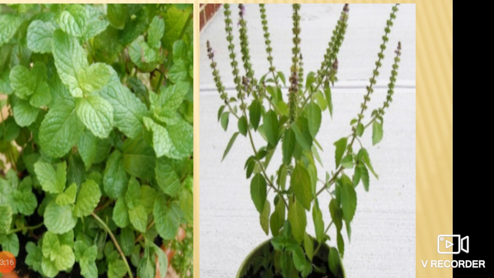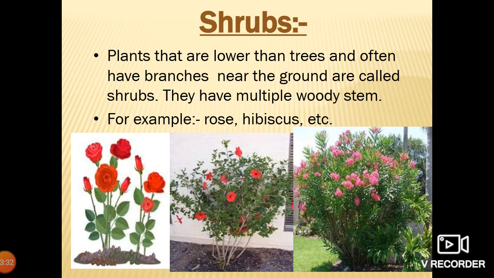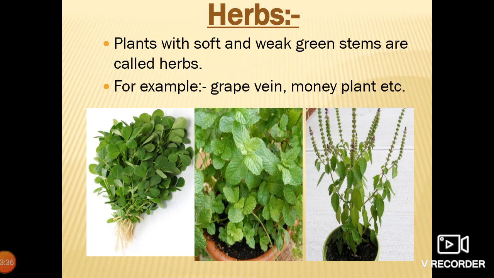They are called herbs. Most herbs live only for a few months. Herbs are smaller than shrubs. You can see and compare with the help of these images. These are shrubs. These are bigger than these herbs. So herbs are smaller than shrubs.